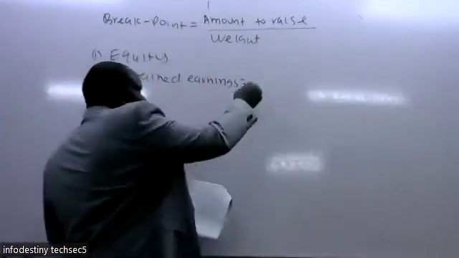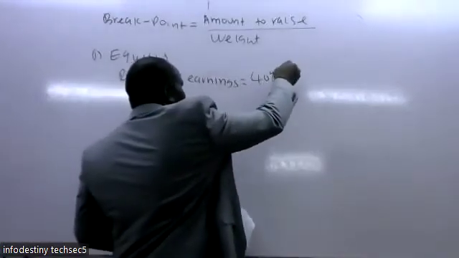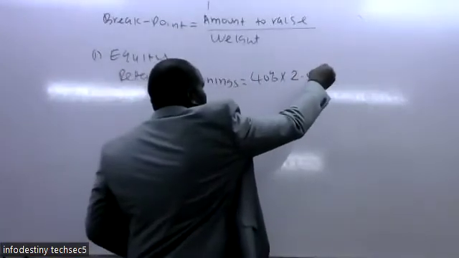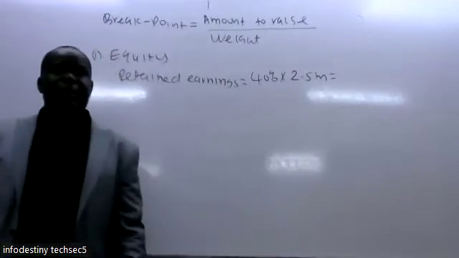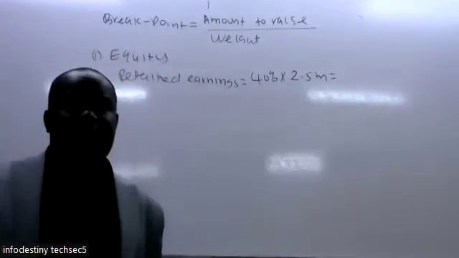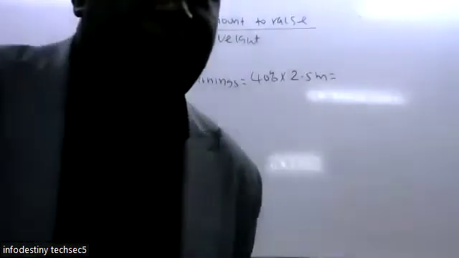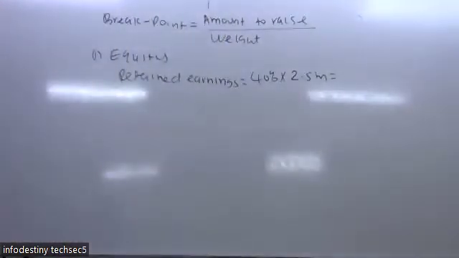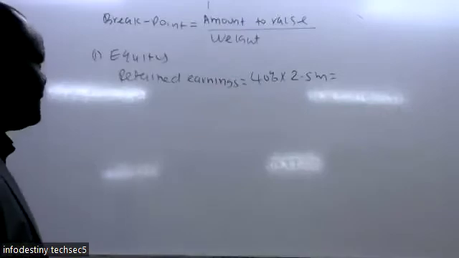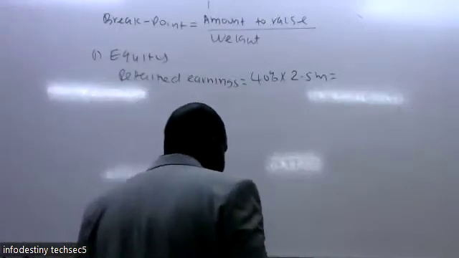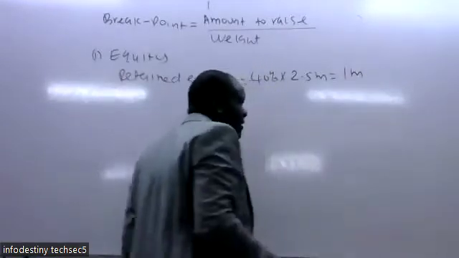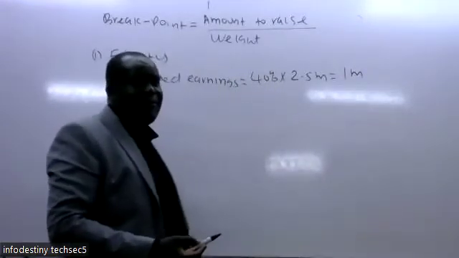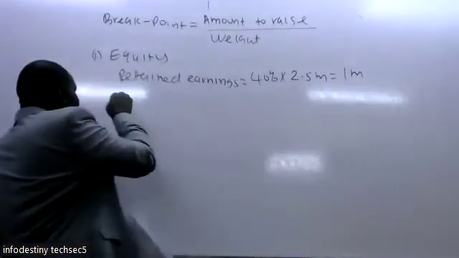They pay dividend at 60%, which means they retain 40%. So what is 40% of 2.5 million? It is 1 million. Now we compute the break point for that.